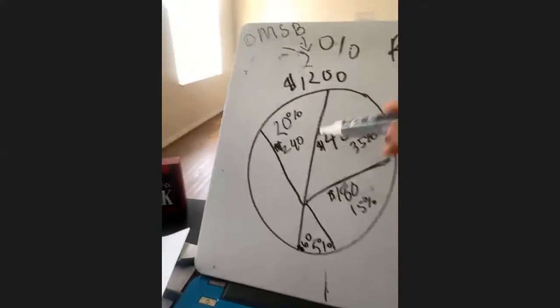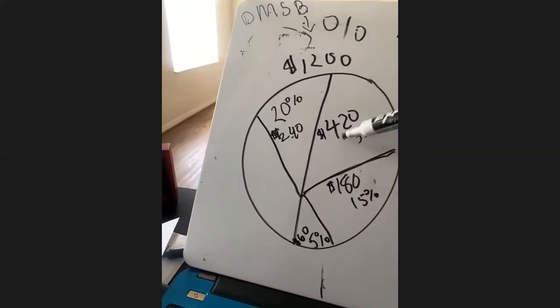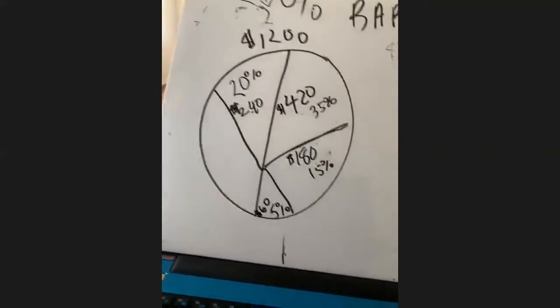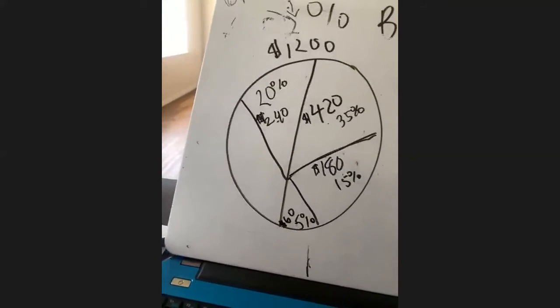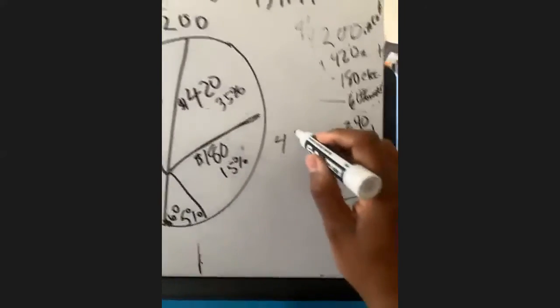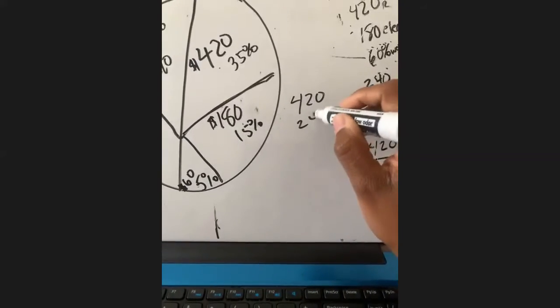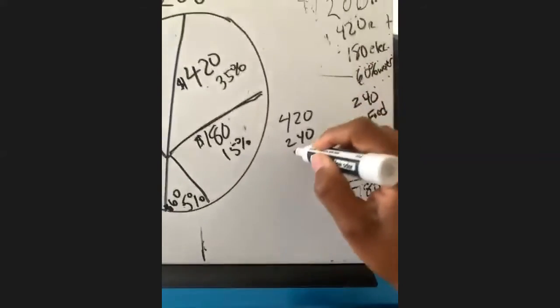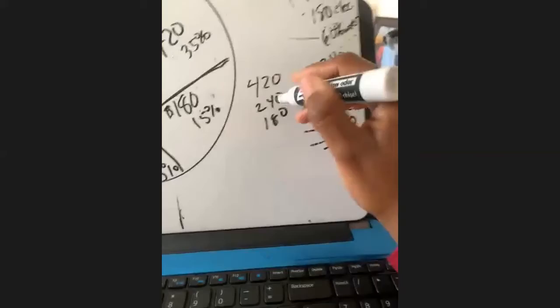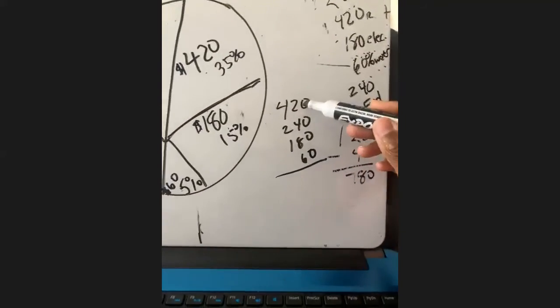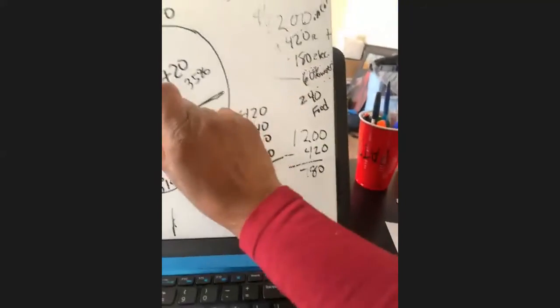So far, we've spent $240, $420, $180, and $60, right? And when we do the math on that, let's look at this, 420 plus 240 plus 180 plus 60. Roll with me? And so that's how much we've spent so far.